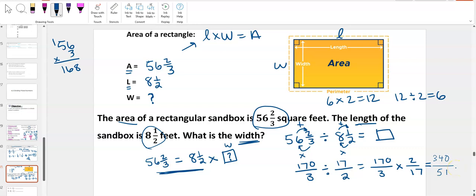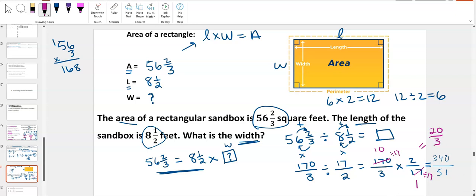But now you'll notice that I'll have to reduce this, and that's a really big number to reduce. So another thing that I could do, I'm going to do this one in purple, is I can say, well, I know that 17 goes into 17 one time. So 17 divided by 17 is 1. And 17 goes into 170 10 times. So now I'm going to be multiplying 10 thirds times 2 over 1. So my new number is going to be 20 thirds.